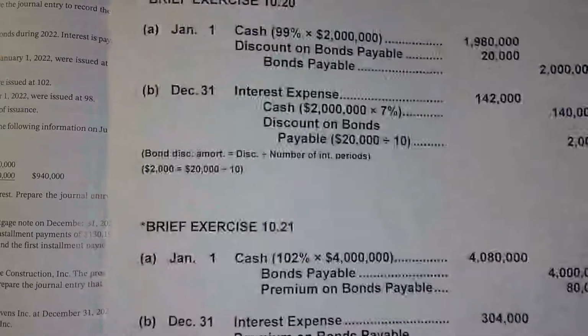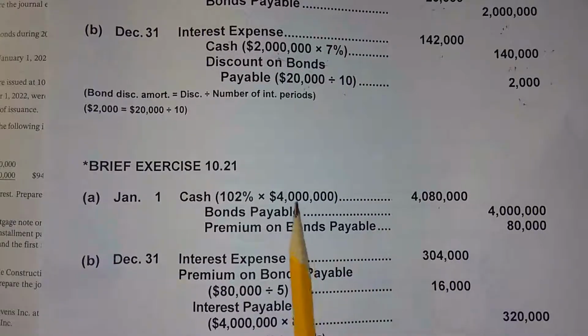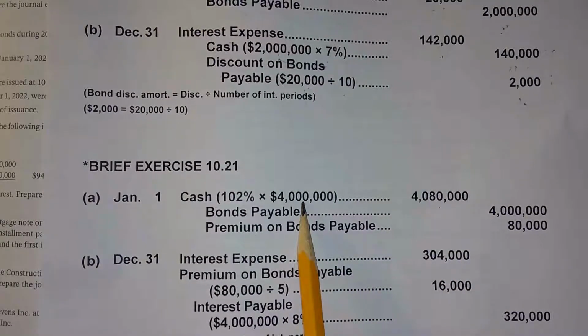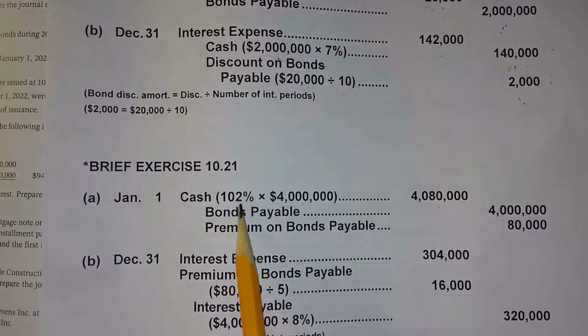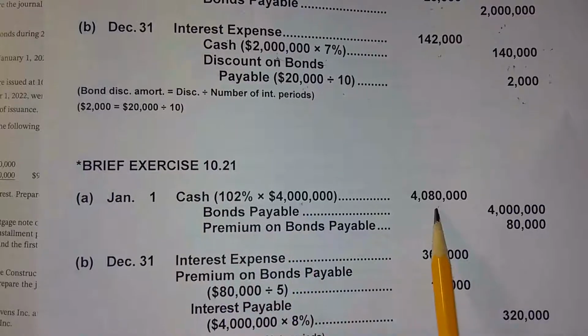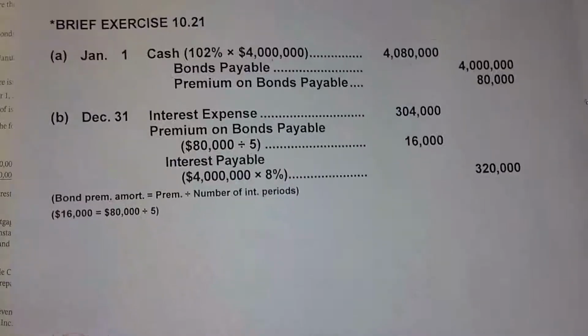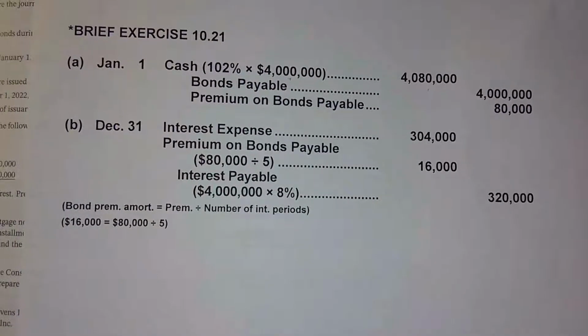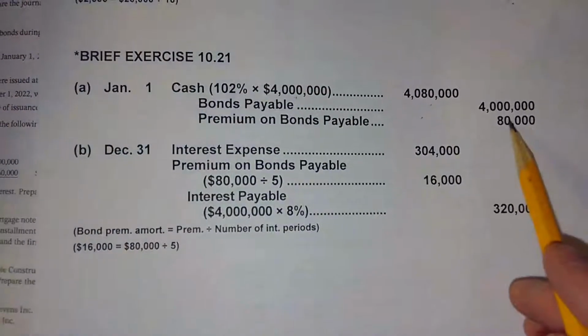So that's, again, how they're getting this amount. They're taking the 4 million, times 1.02. Or again, if you had a percentage button on your calculator, 102% times 4 million is going to give you $4,080,000. So in this one, we're receiving more money, and we're only going to pay out the 4 million.